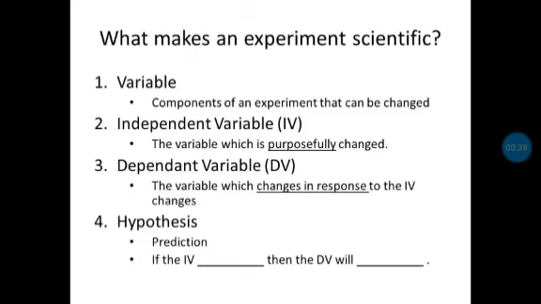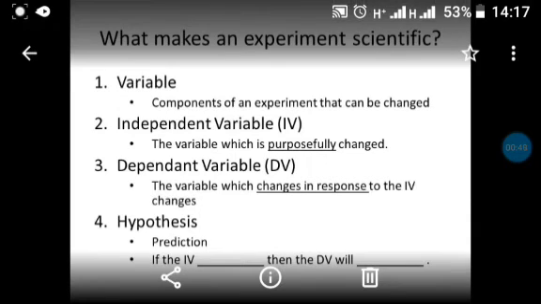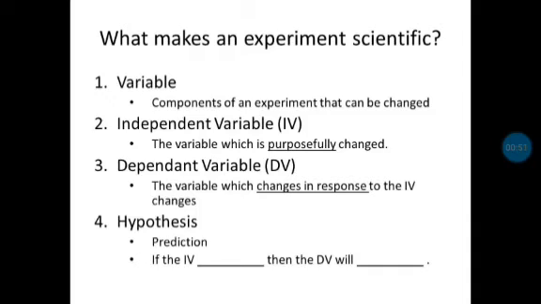Variables can be divided into three parts. One is the independent variable, the variable which is purposely changed, and the dependent variable, the variable which changes in response to the independent variable changes.